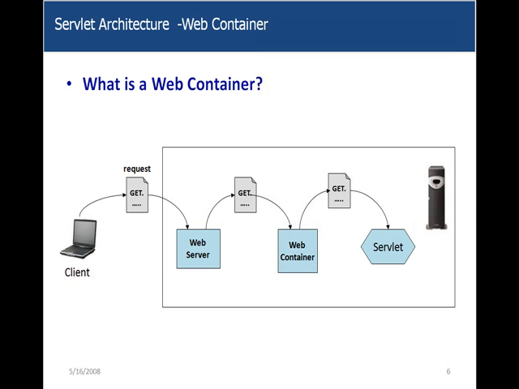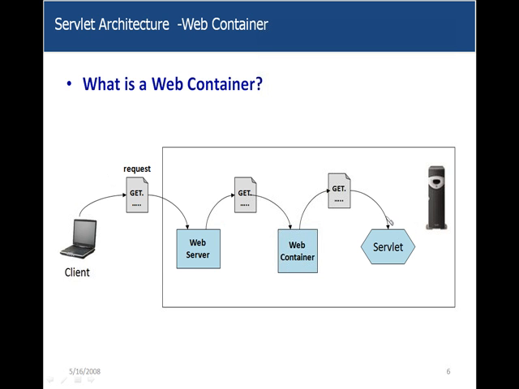This servlet now is nothing but a Java program. So this is some kind of a special Java program, you can say. The servlet is nothing but a special Java program which resides on the server. But this Java program doesn't have a main method. It has got some callback methods.